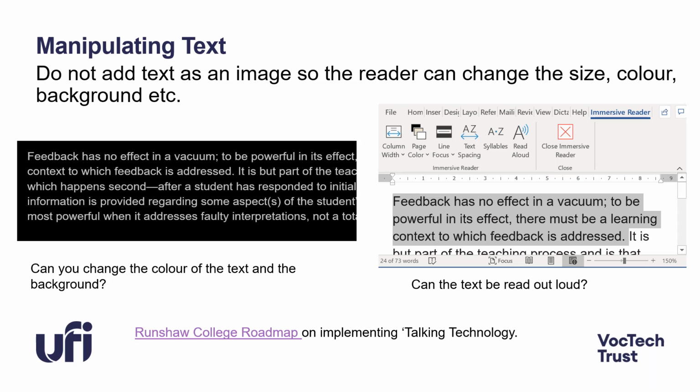If you're checking if something's accessible, particularly if it's not in a Word document, because if it is in a Word document, it will be, can you change the colour and texture of the background? I was doing some testing for a commercial company who were creating crafting patterns, and they were very smart looking patterns, and they went down the very common route of providing lovely, very tasteful grey text on a white background.